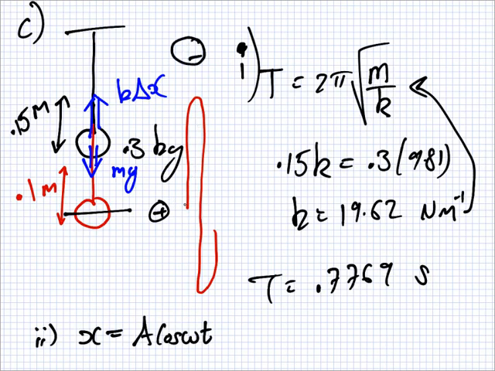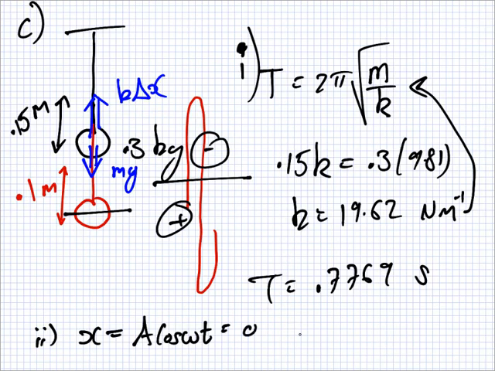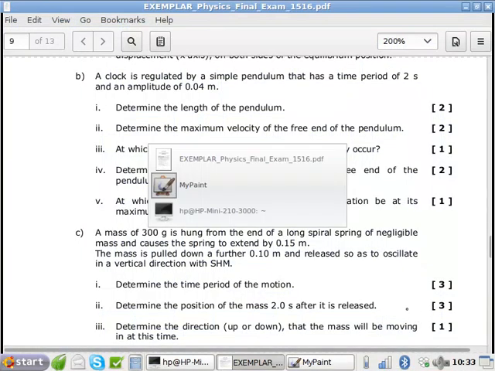From the equilibrium position. The A is 0.1 and the omega is 2 pi over T, which I know, and because it starts at the extreme points. What's the small t? 2.